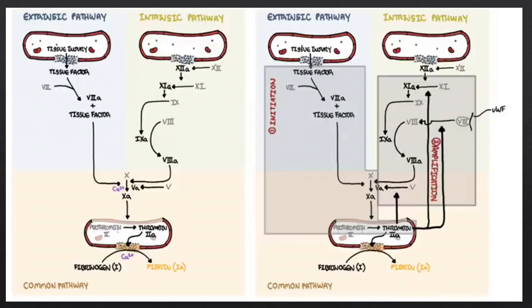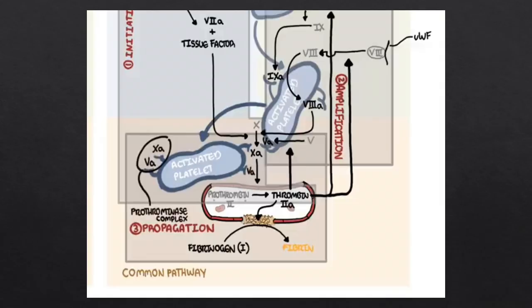Along with factor 8 to 8A conversion, there is von Willebrand factor, which also plays a role, which is responsible for carrying the factor 8. So von Willebrand factor also leads to the conversion of factor 8 to 8A, then leads to more thrombin formation, further causing more fibrin or clot formation. So this is the second step or the amplification.